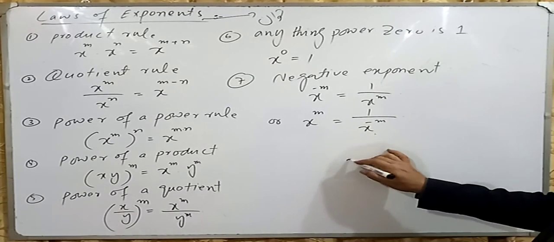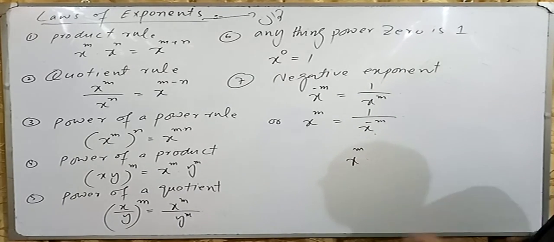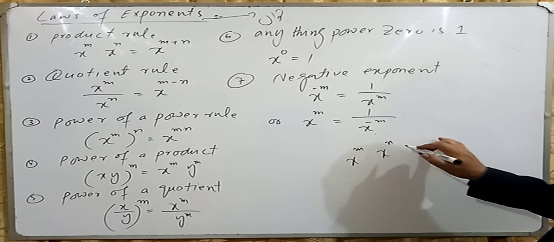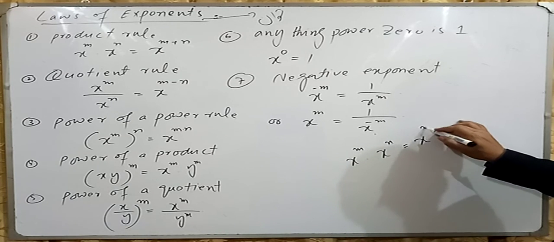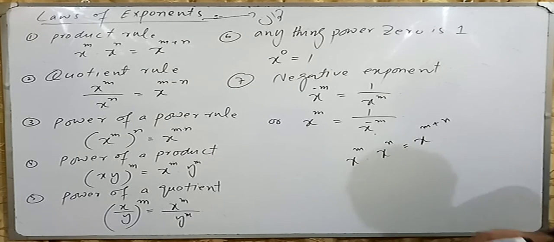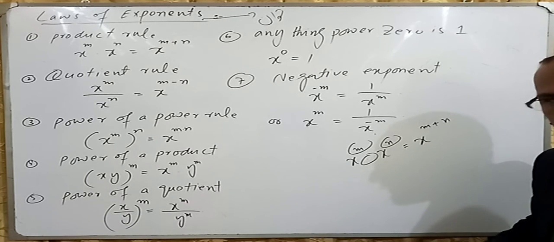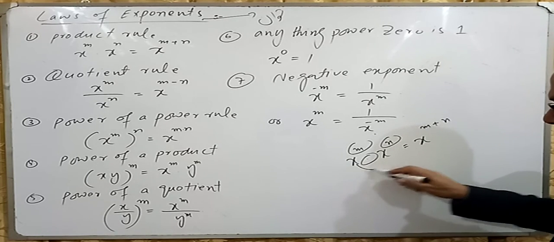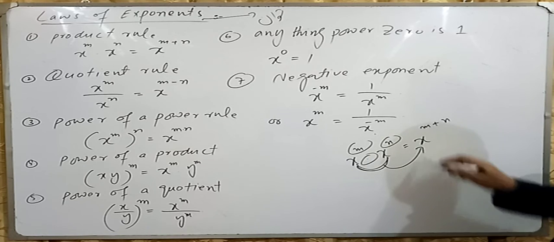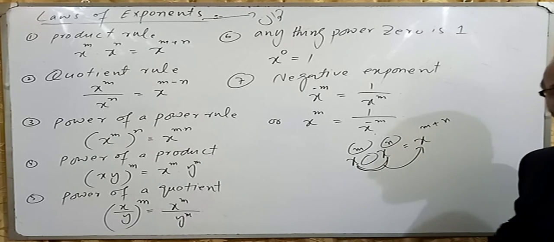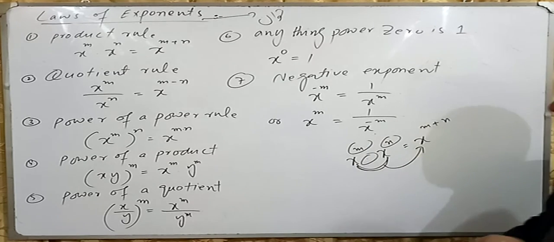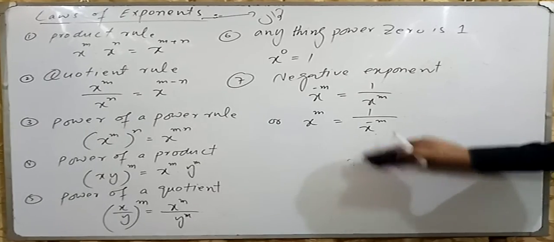For example, x power m multiplied by x power n, we can write as x power m plus n. The power should be added if they are in multiplied form. The bases will remain unchanged. You will take one of the bases and just add the powers in case of multiplication. Let me give you an example.